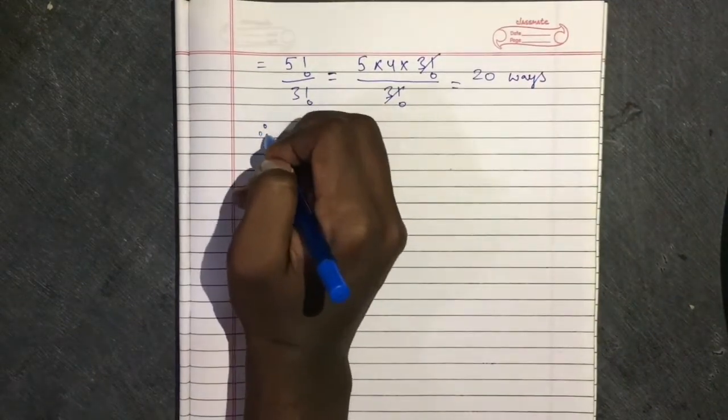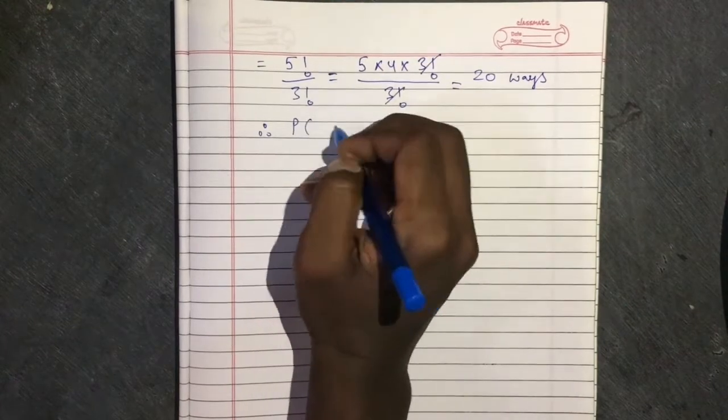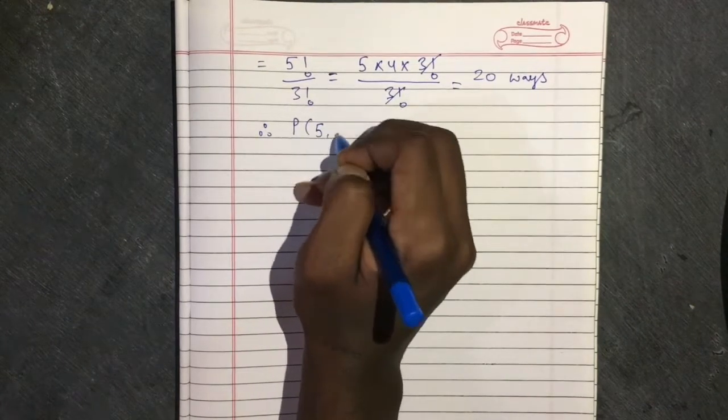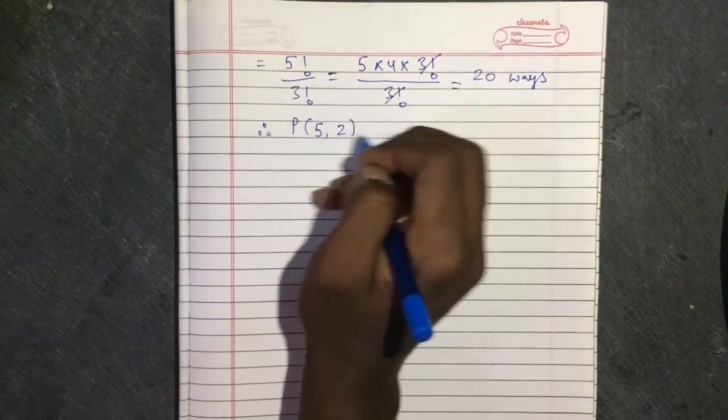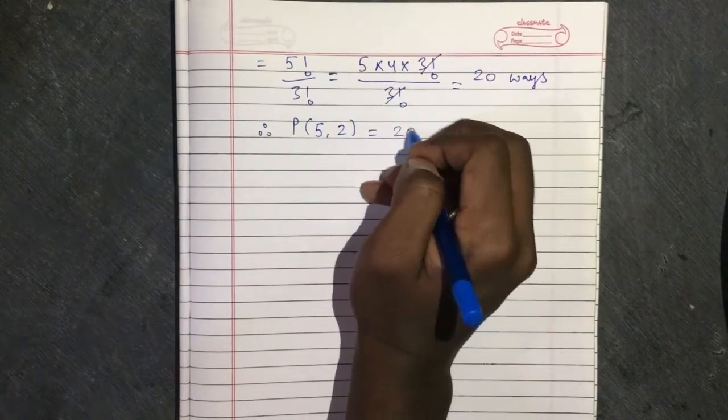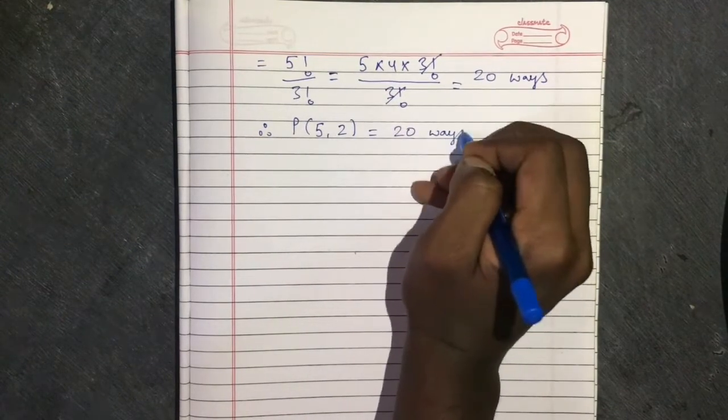So therefore the permutation of 2 books out of 5 books is equal to 20 ways.